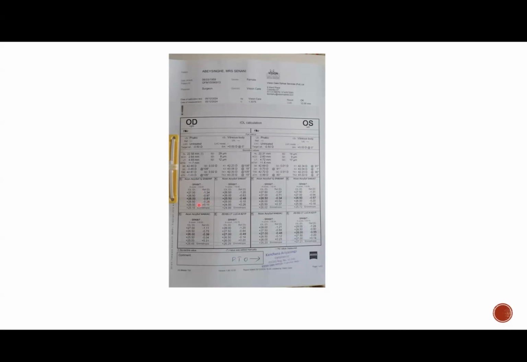Then if you put this 25.5 diopter lens, we are targeting nearly 0 spherical equivalent. If there's a -5 diopter cylinder, the spherical equivalent means half of the cylinder.